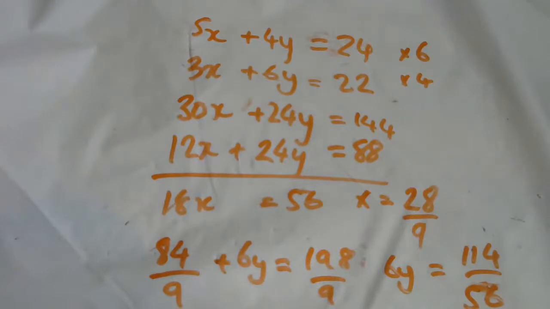Yeah, that's right. Do they both go by 3? That's an interesting thought, isn't it? 57 divided by 3 is 19, and 27 divided by 3 is 9. I'm being stupid. Yeah, it's 19 over 9. You got it. Well done.